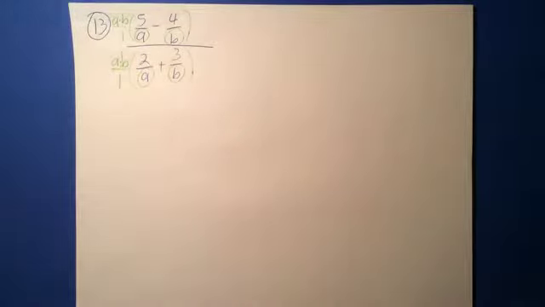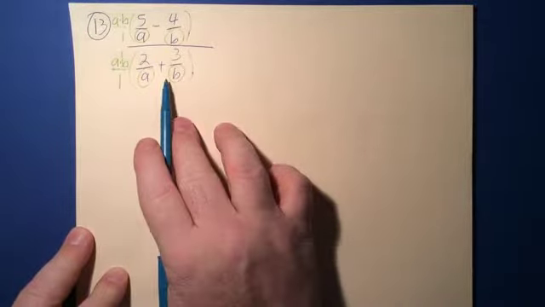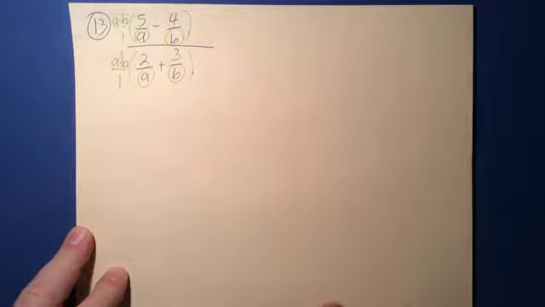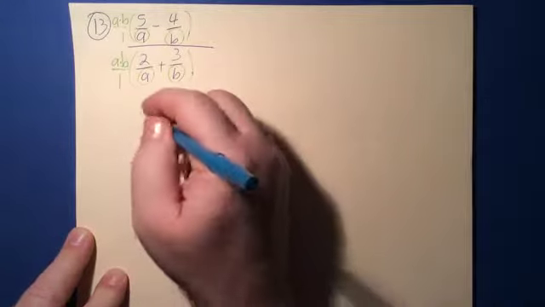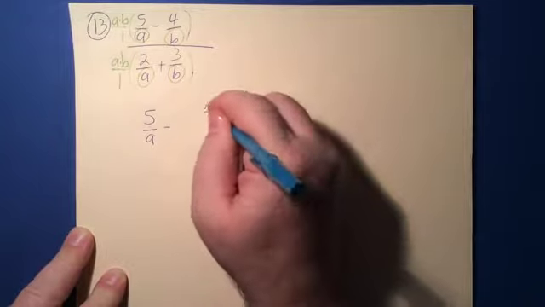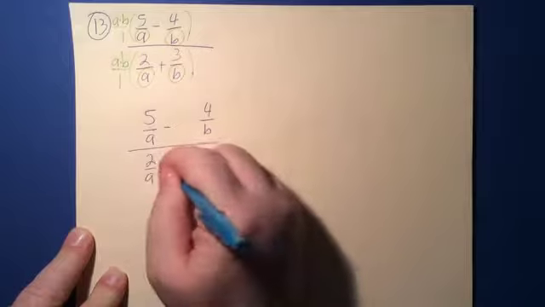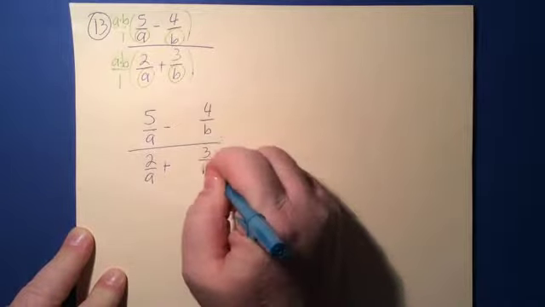So I'm going to keep distributing this for a while, but eventually I'm not going to distribute this through every single time. This is a procedure you should get comfortable with, and hopefully you can develop some mental aptitude for this. So what I'm going to do now is rewrite the same problem. And remember, if you need to copy this problem down in 2 steps so that you see the original problem and see the work that's done to it, please do so. So this will be 5 over a minus 4 over b over 2 over a plus 3 over b.